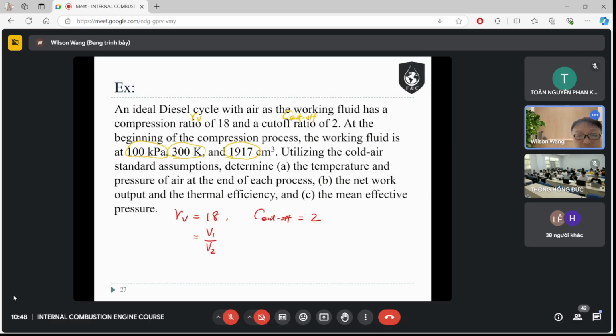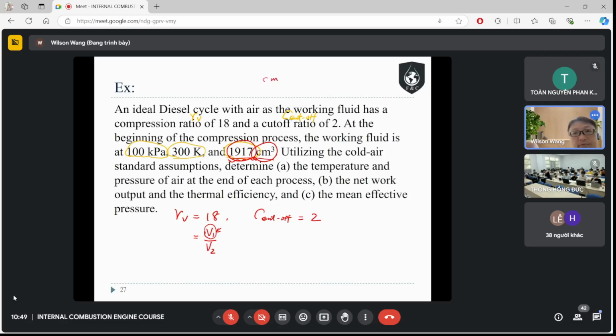Remember, here I use the capital V. This is small v, this is capital V. And they give you 1917 cubic centimeters. This is a capital V. What is capital V? What is small v? Capital V is the volume.